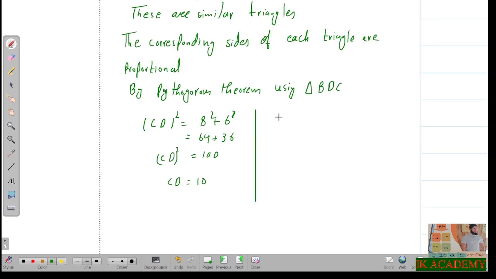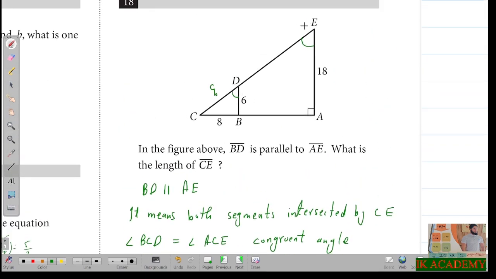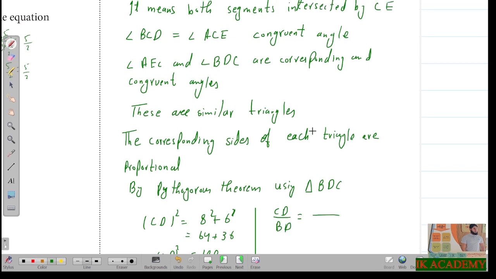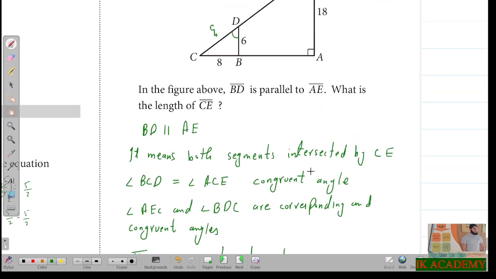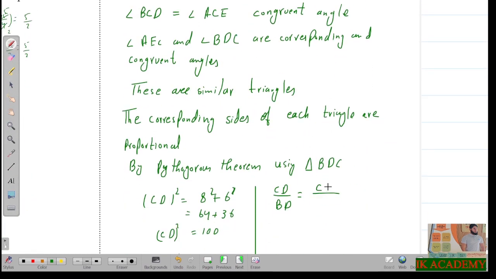So the corresponding sides are proportional to each other in both triangles. I'm going to write the corresponding sides, since we need to find CE. I am going to compare the proportionality of the smaller triangle sides with the bigger triangle sides. CD divided by BD will be equal to CE divided by AE.